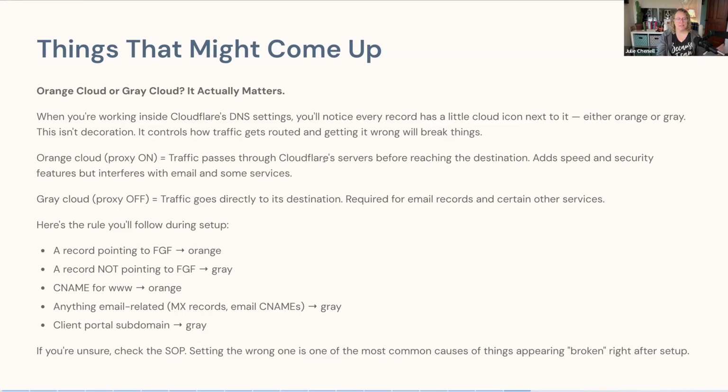Basically, on means all the traffic goes through Cloudflare before the destination, okay? It adds speed and security, but sometimes it can impact deliverability. Gray just means it's going straight to its destination, okay? So during setup, we always tell you this in the support docs, but if you want to screenshot this, this is which ones should be orange or gray, okay?